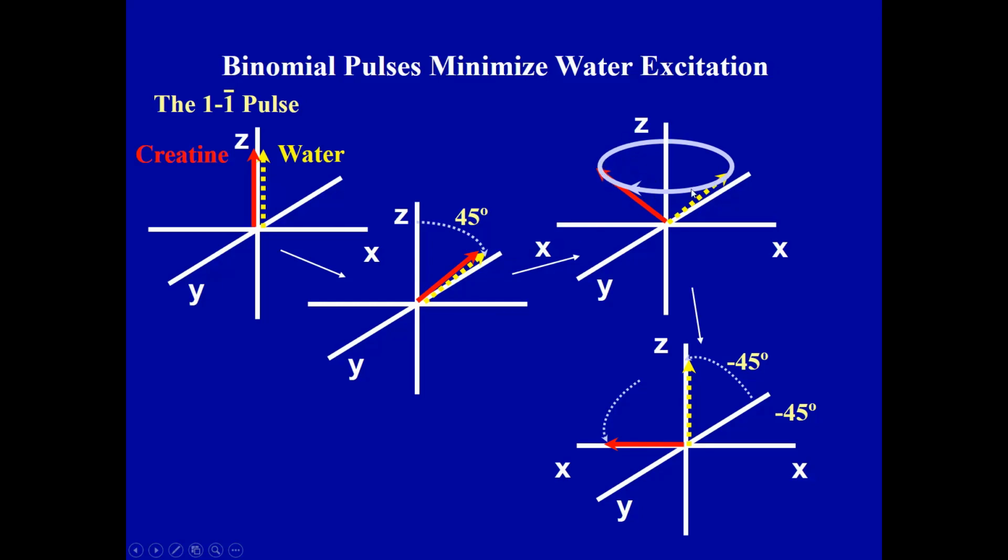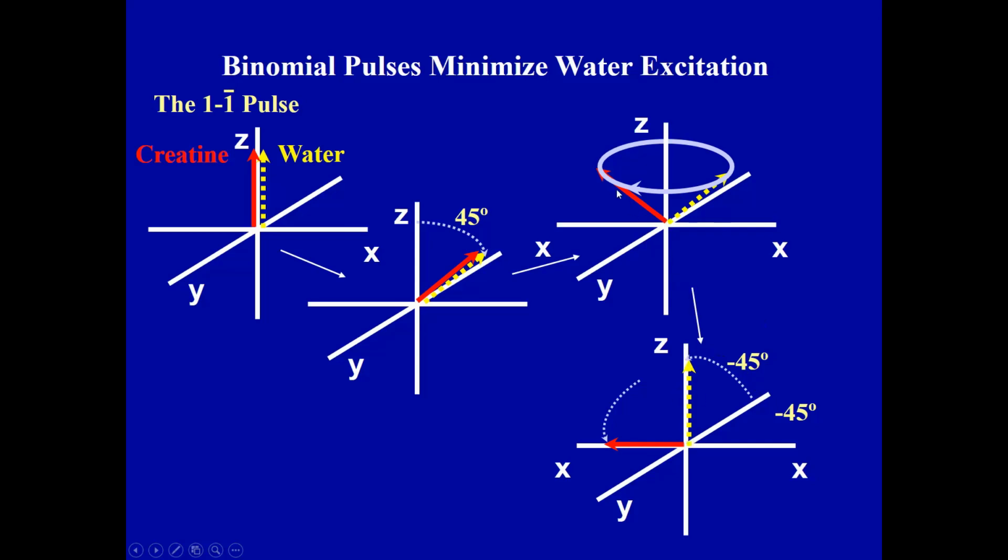And then we apply a pulse of equal amplitude and duration, minus 45 degrees, so opposite phase. Because the water stayed aligned with where we initially put it, it rotates back up to the z-axis.